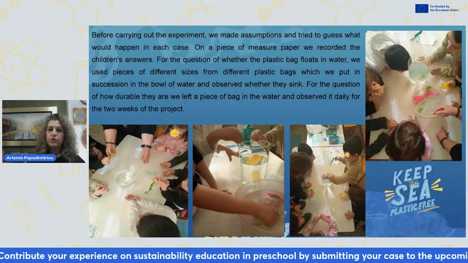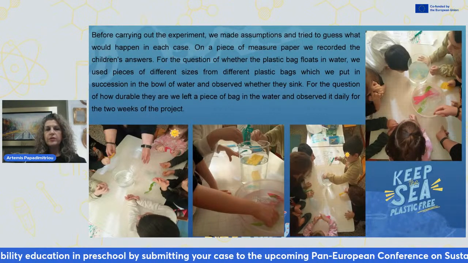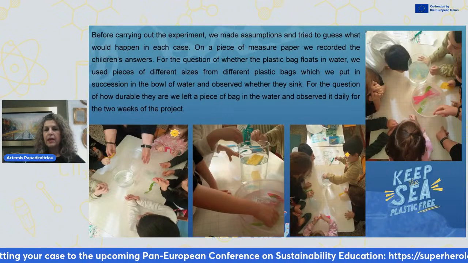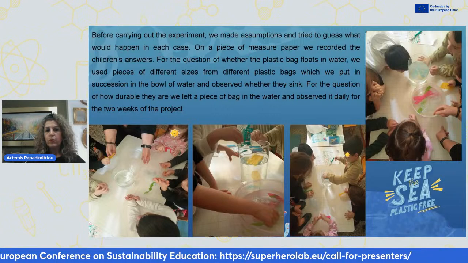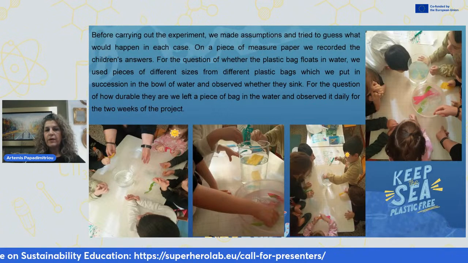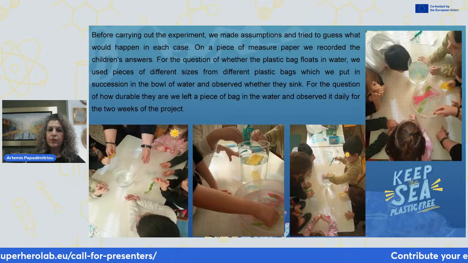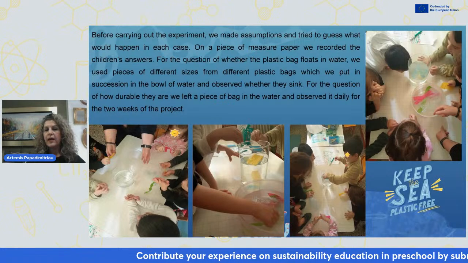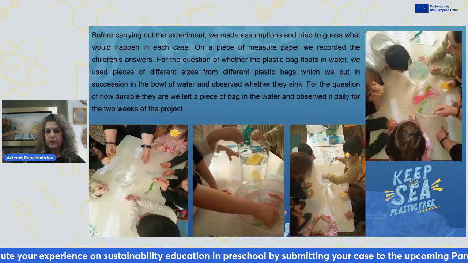For the question of whether the plastic bag floats in water, we used pieces of different sizes from different plastic bags, which we put in succession in a bowl of water and observed whether they sink. For the question of how durable they are, we left a piece of bag in the water and observed it daily for the 2 weeks of the project.